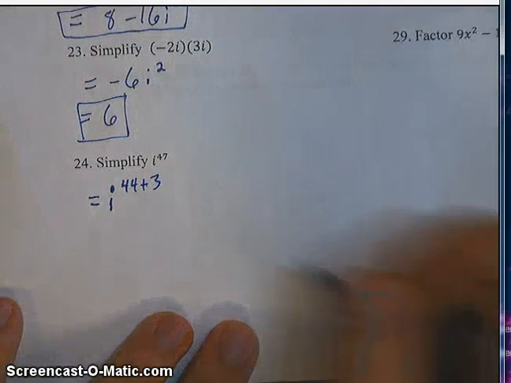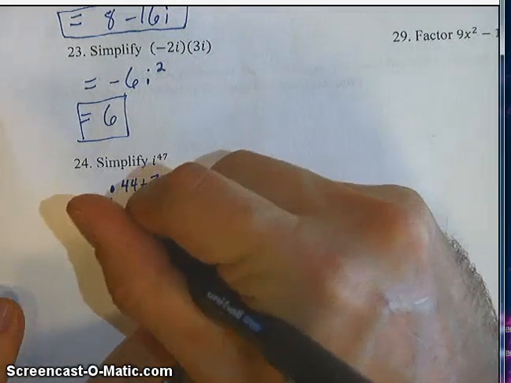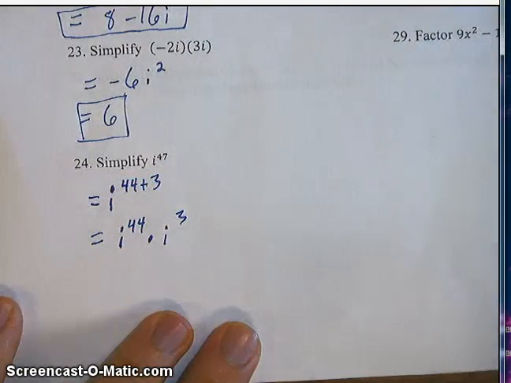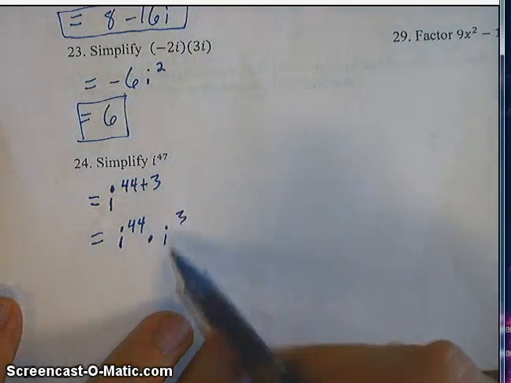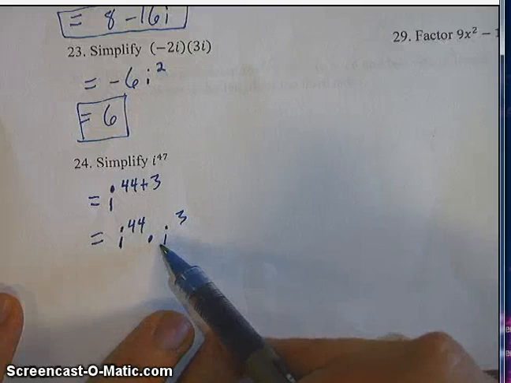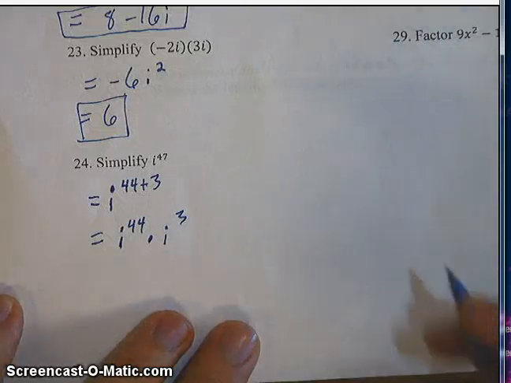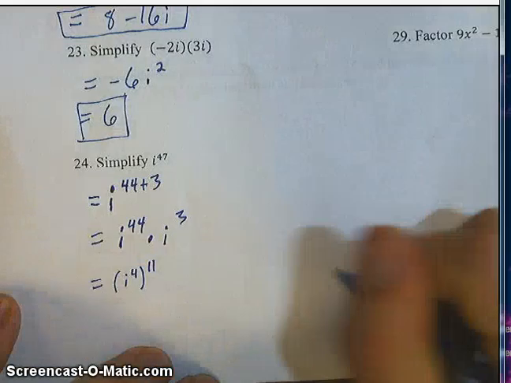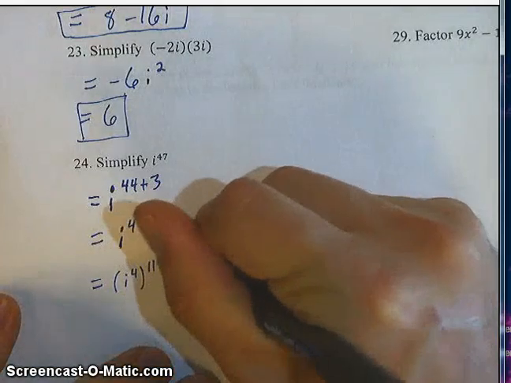The reason I'm going to do that is so I can rewrite this as i to the 44th times i to the 3rd. Remember that addition up in the exponent is the same as multiplication down here on the ground level. i to the 44th is simply i to the 4th raised to the 11th power, times i to the 3rd.